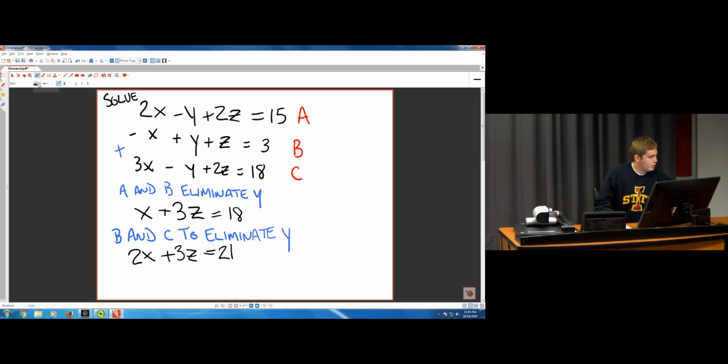Now, we've made two new equations that we can work with, only solving for x and z. Let's call the first equation we made D. That would be next in the alphabet. And we'll call this one E.